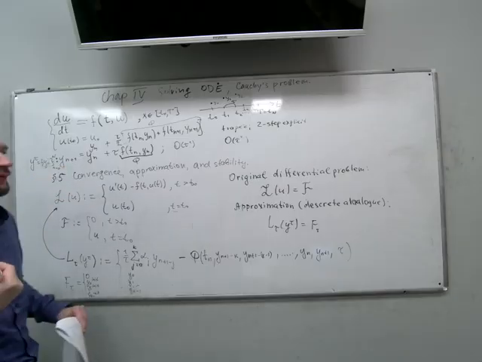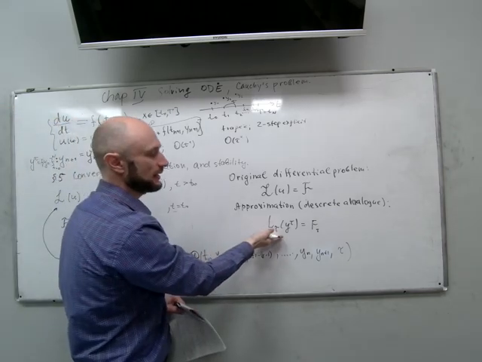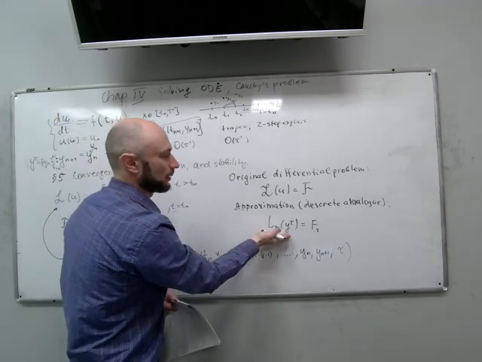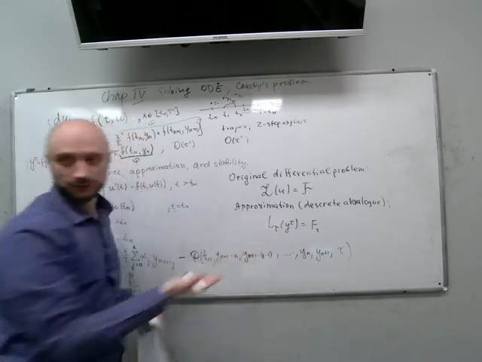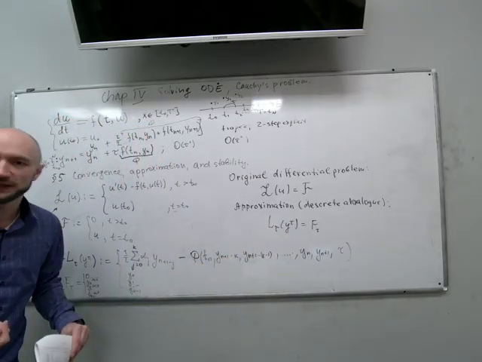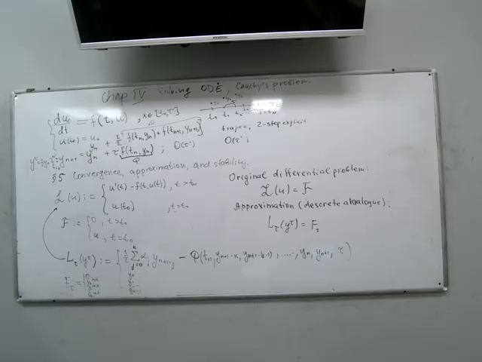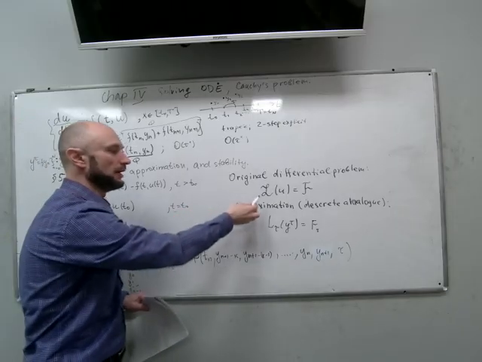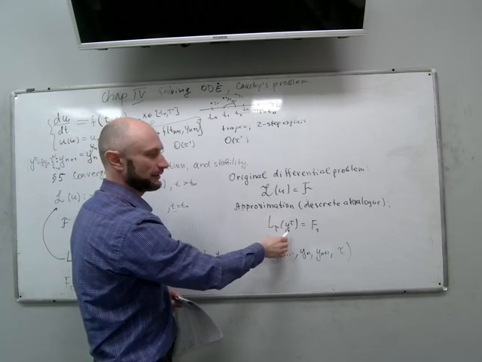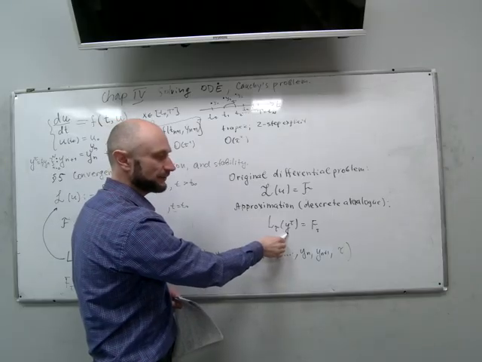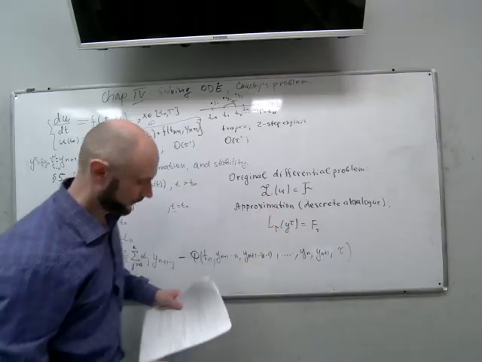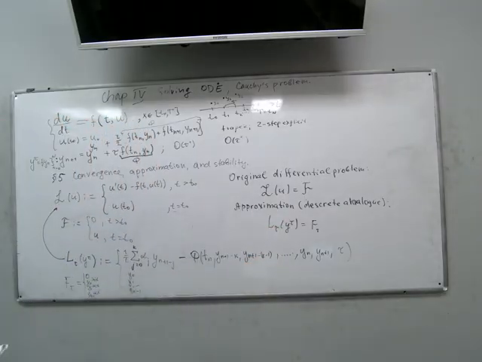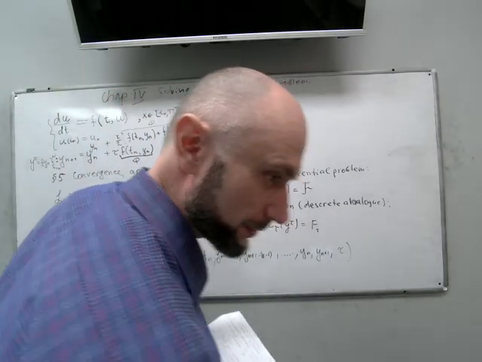Now we want to formulate what we understand by approximation properties of this method. How do we define that the method approximates the original problem, and how do we define the fact that this mesh function converges to the exact solution? So 3 definitions will follow.